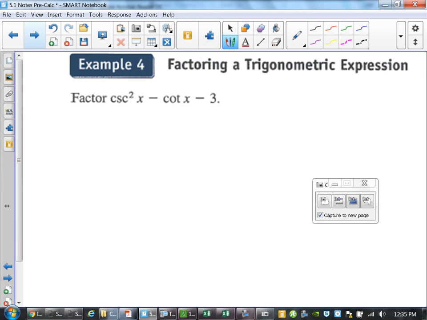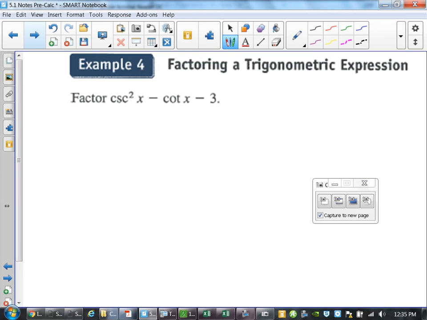So what I need to do here is figure out which one I'm going to rewrite it into. A lot of times when you see this, think about your Pythagorean identities. When you have the squared term, sine squared was 1 minus cosine squared. Cosine squared was 1 minus sine squared.